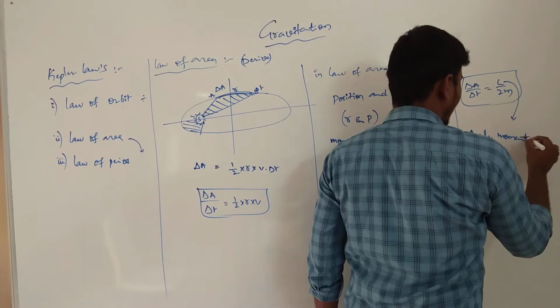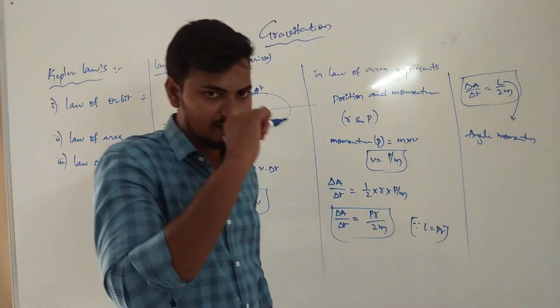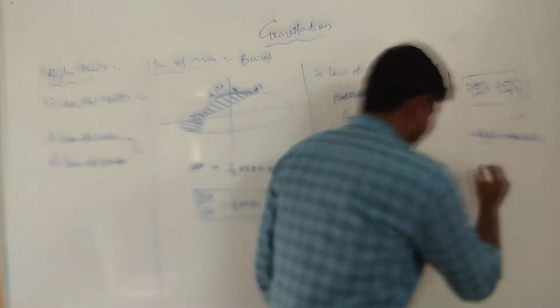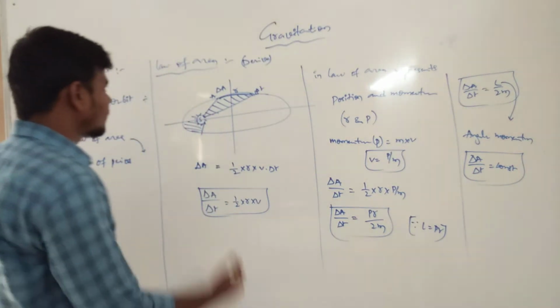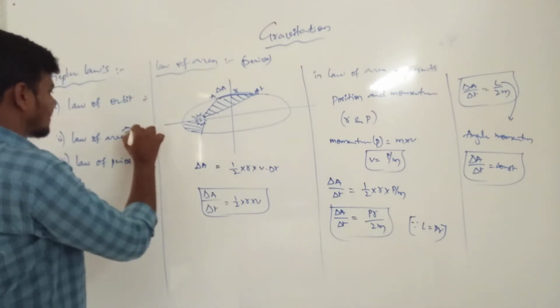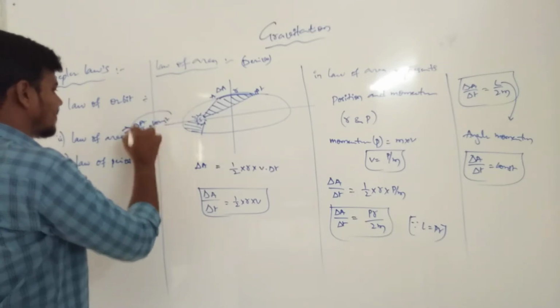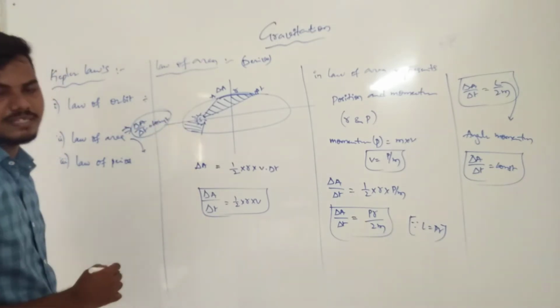Angular momentum is always constant, so delta A by delta t equals constant. This is our satisfied expression. So the law of area can always be represented as delta A by delta t equals constant, as in our previous class.